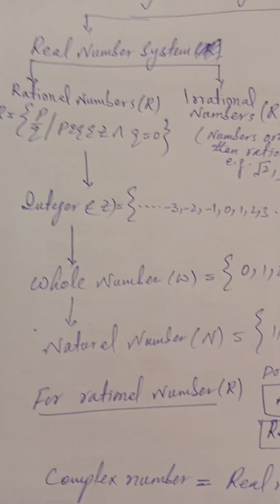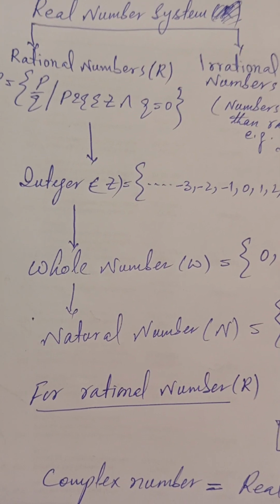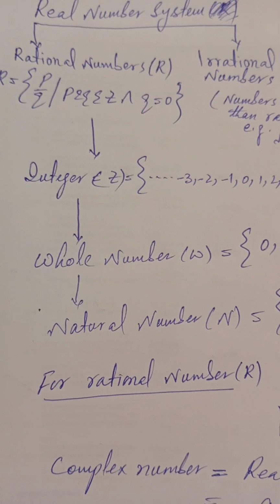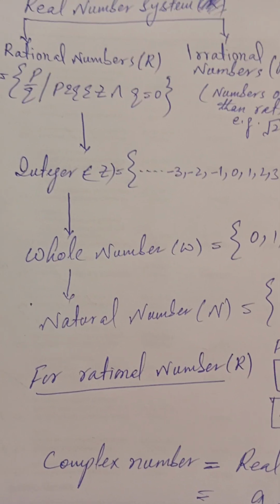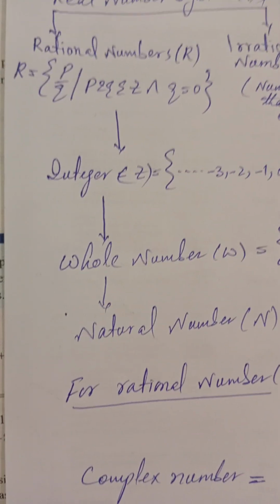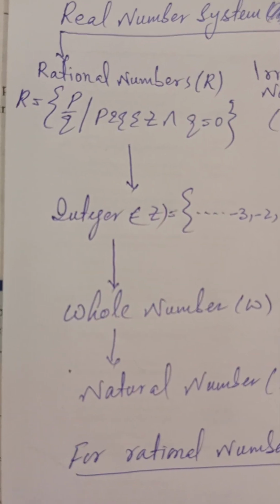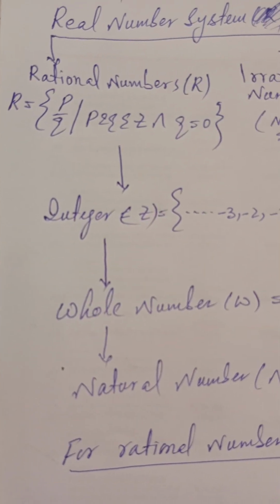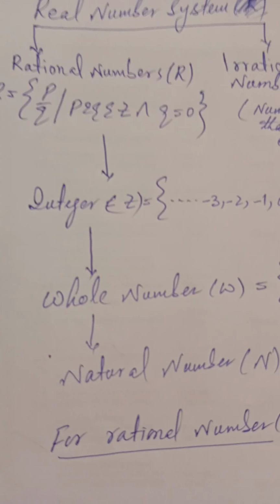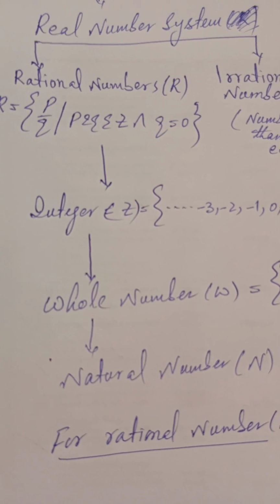In the real number system, there are rational numbers and irrational numbers. Rational numbers are written in the form p upon q, where p and q belong to the integers and q is not equal to 0.